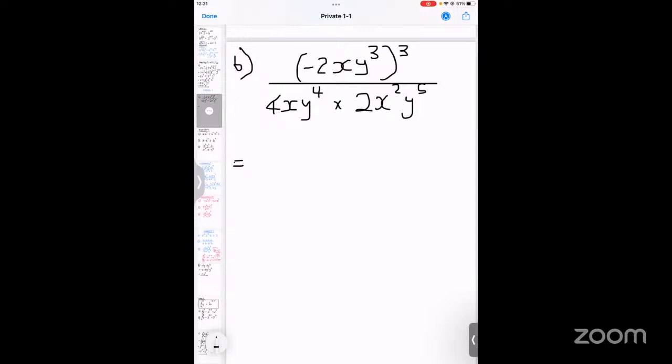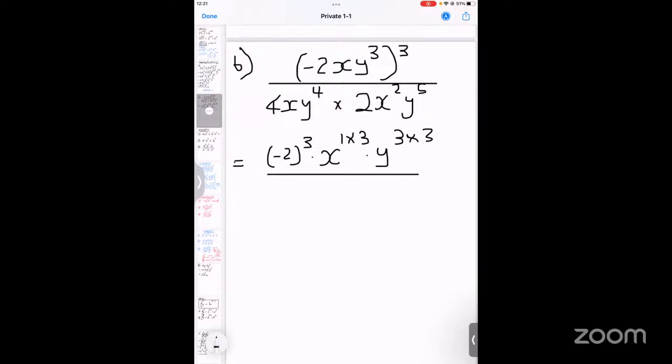Because the 2 is a negative, we put it inside the brackets and say negative 2 to the exponent of 3. And then we have x, we have 1 there, which is multiplying the 3. And then we have the 3, which is multiplying that 3. Then the whole of this is being divided by that.